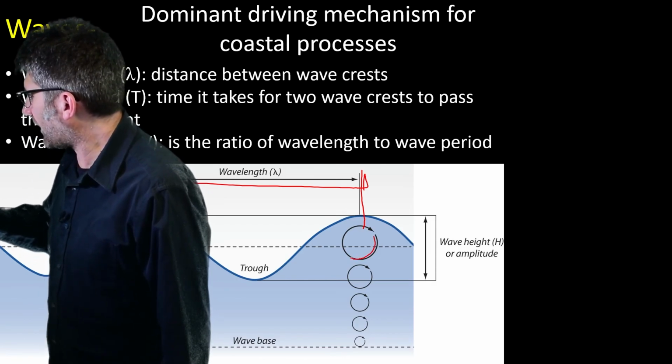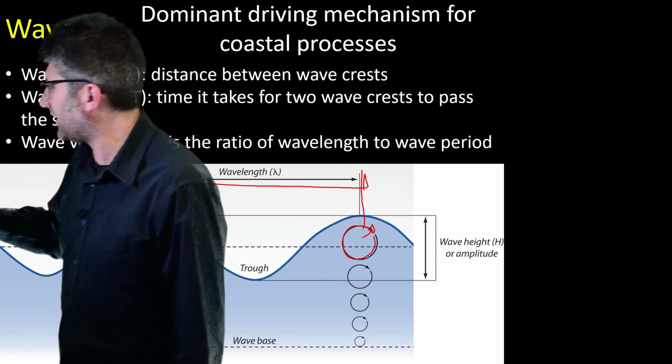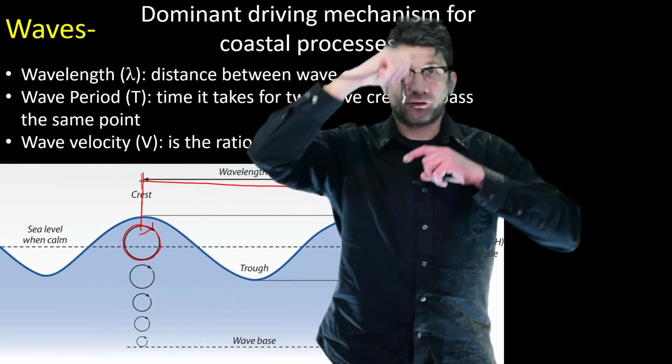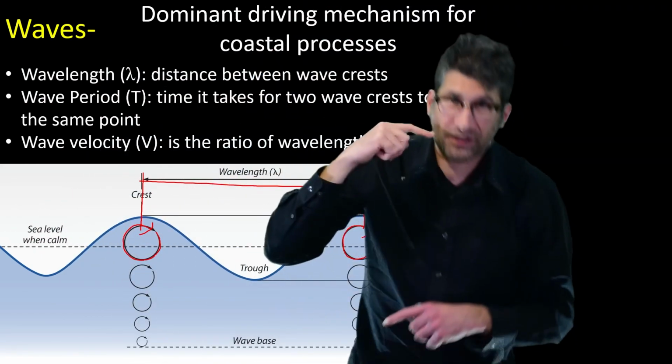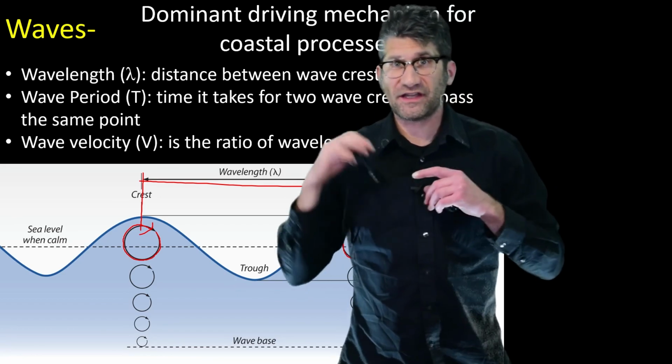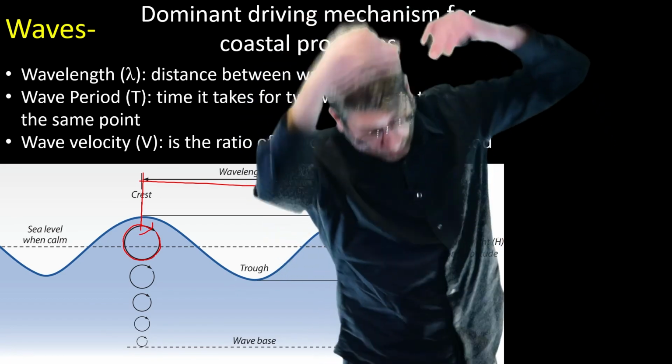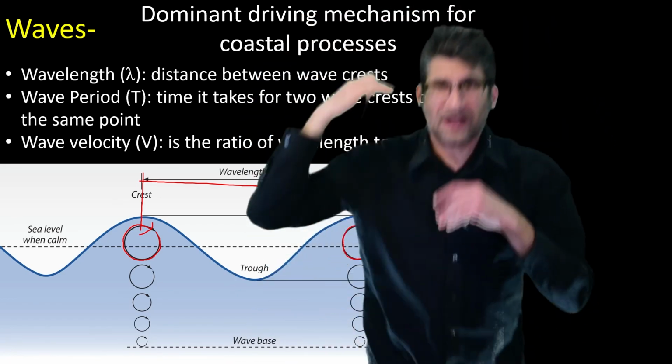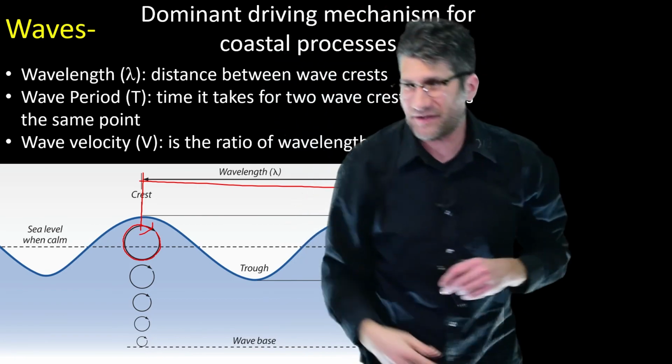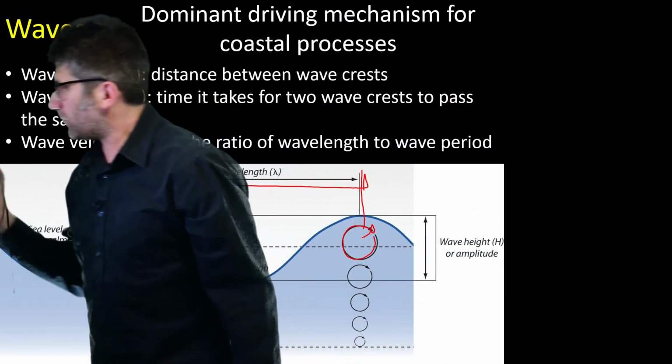If I'm a water molecule sitting here and the wave comes over me, I'm going to rotate down and back up with each one of those waves. So that is really important.